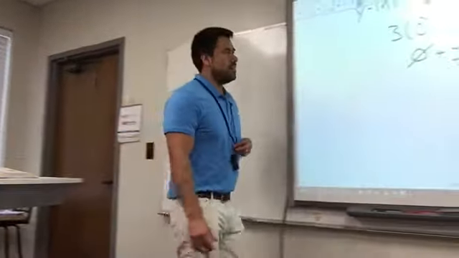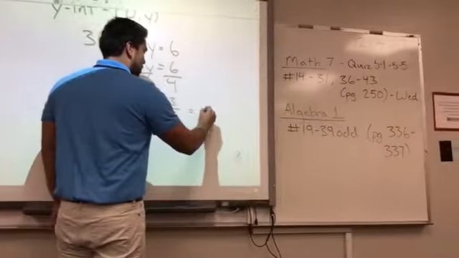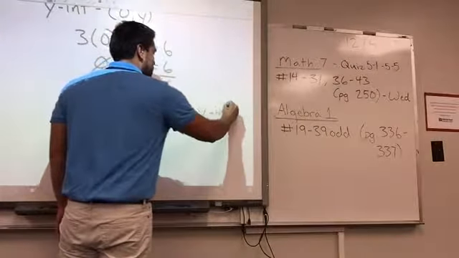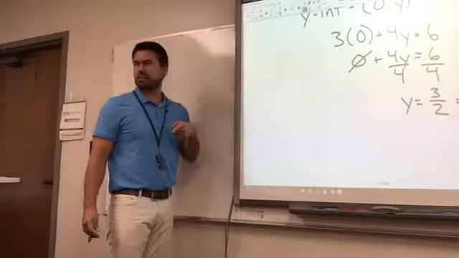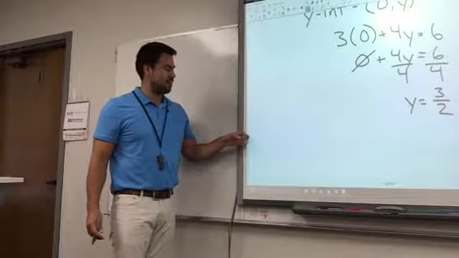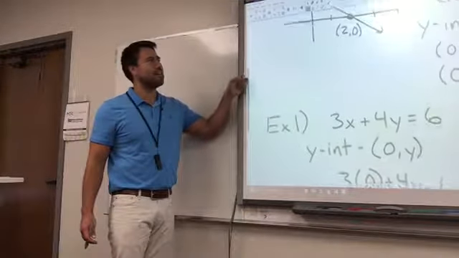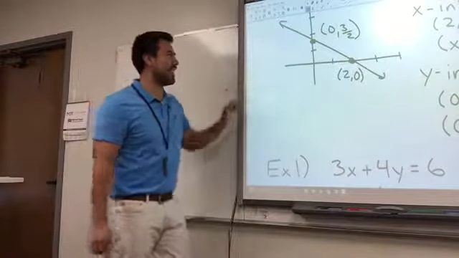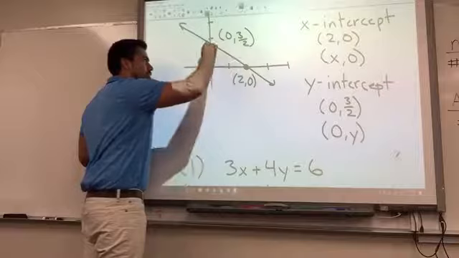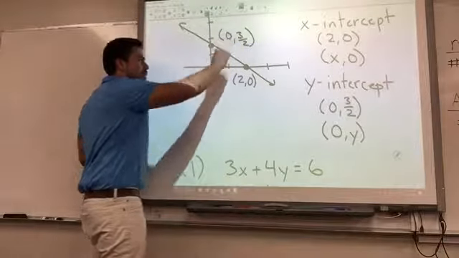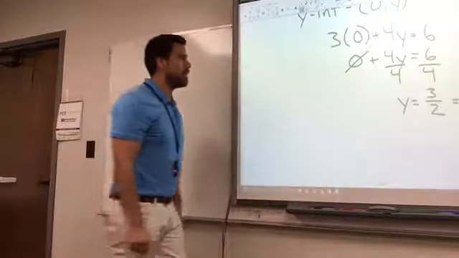Okay. 3 halves is my y-intercept. Okay, that's interesting. Hey, have you seen 3 halves somewhere before? Where have you seen 3 halves before? Oh, look at that. What's the y-intercept in this graph? Yeah, it's 0 and 3 halves, or you could say 3 halves. Okay, that's interesting. But that might be coincidence.